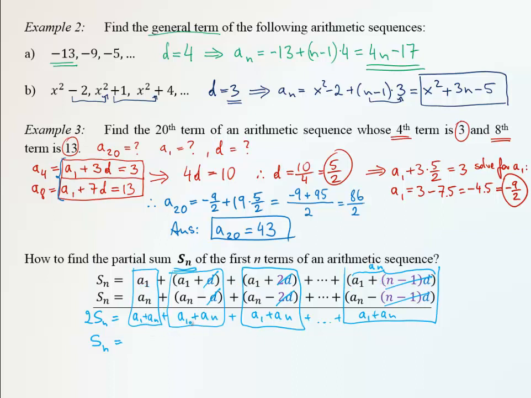So it will be n times the same sum a1 plus an. And then we divide by this 2 to solve for just Sn. So the 2 goes to the denominator. So here we have a formula for the nth partial sum of any arithmetic sequence. Very important formula. Please highlight it and memorize it.